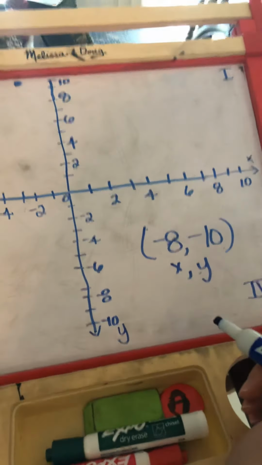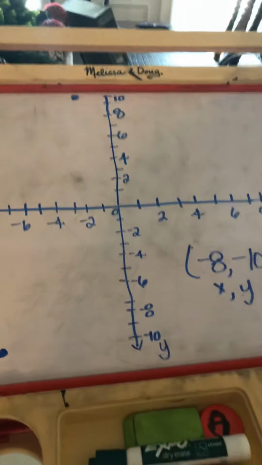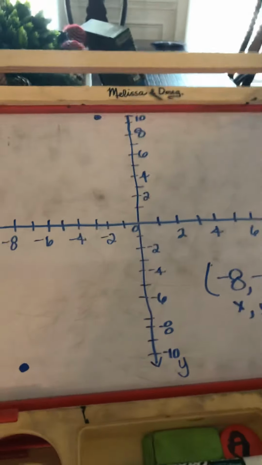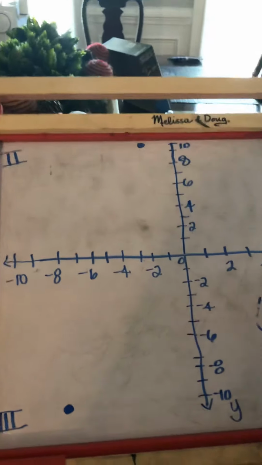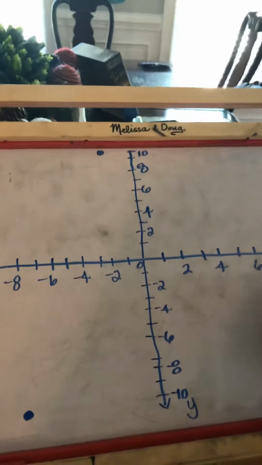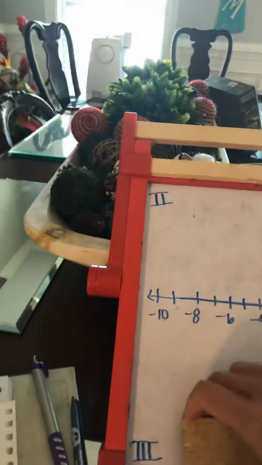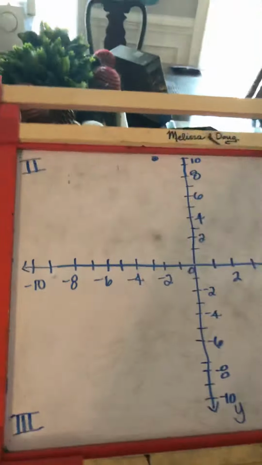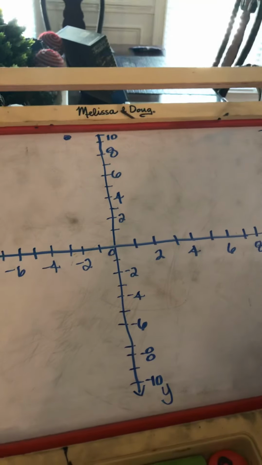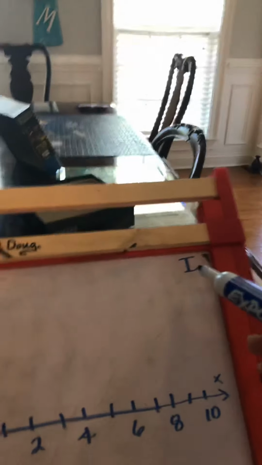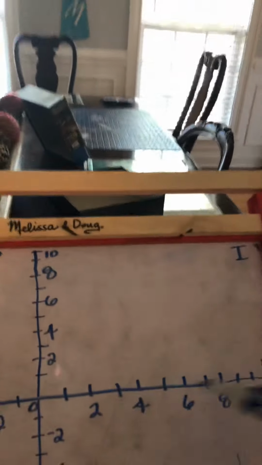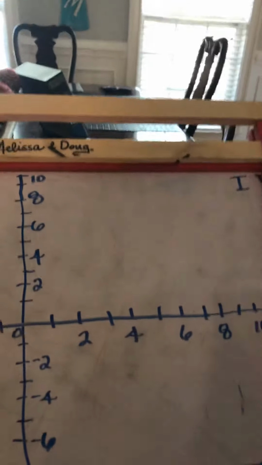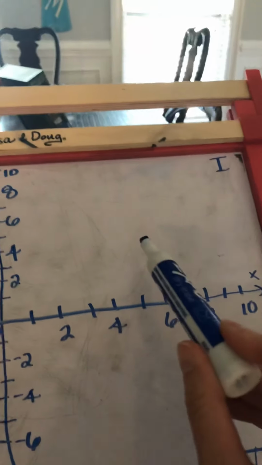That's skill X2. Now skill X3 is going to ask you what quadrants different shapes are in. So let's go over. This is quadrant 1. So this right here, where all of our numbers, our ordered pairs are positive, this is quadrant 1.